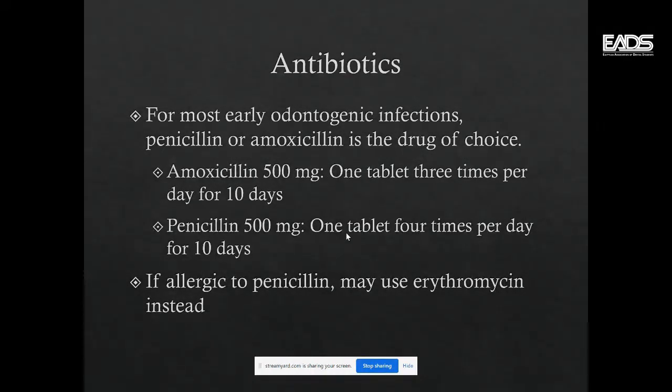For most early odontogenic infections, penicillin or amoxicillin is the drug of choice. So amoxicillin 500 milligrams, one tablet 3 times per day for 10 days, or penicillin 500 milligrams, one tablet 4 times per day. If allergic to penicillin, give erythromycin.